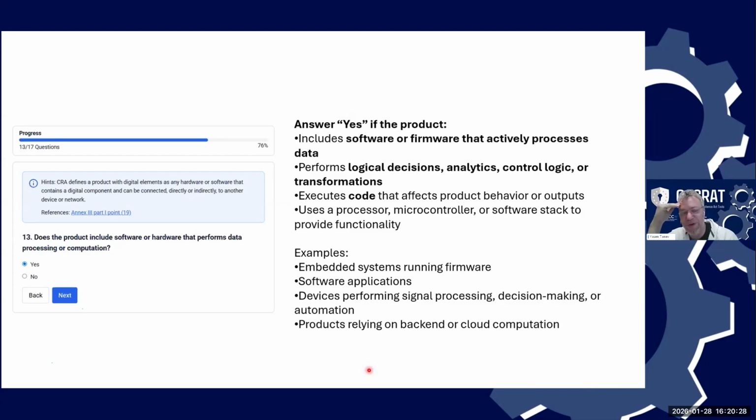But we are going to probably make this question more precise. Here you should consider visible and high-level computational activities, not these low-level neurological reactions on the electronic and simple components. Yeah, so it's really a question that messed up my model. So the question here is, if the product, yes, includes software, firmware, and is actively processing data.